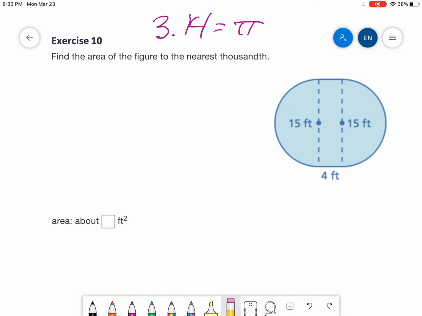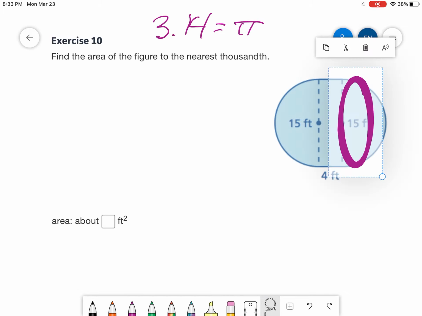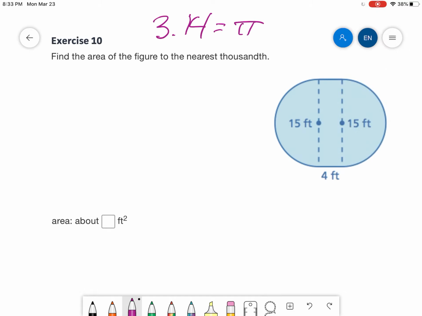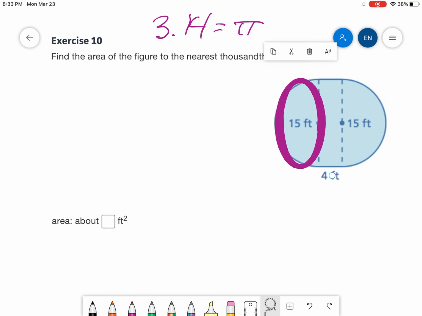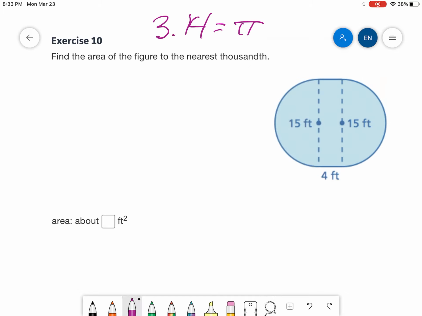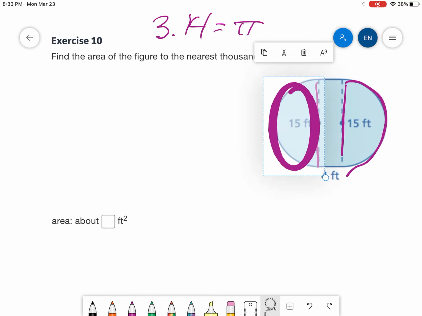Or you can notice that this part and this part add up to one whole circle. So this section here and this section here add up to one whole circle.